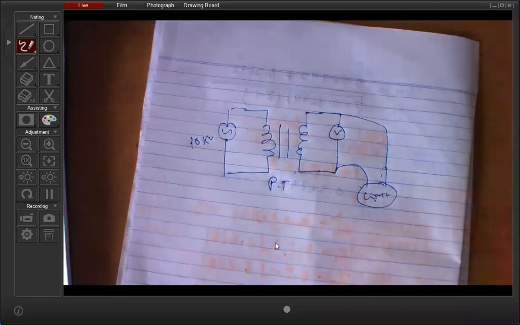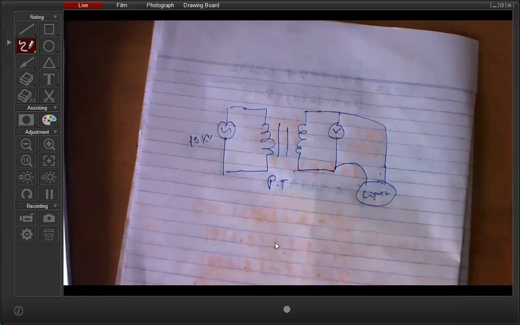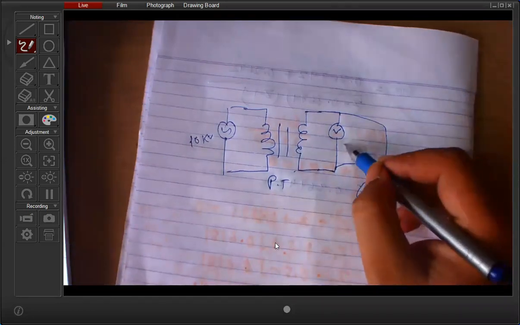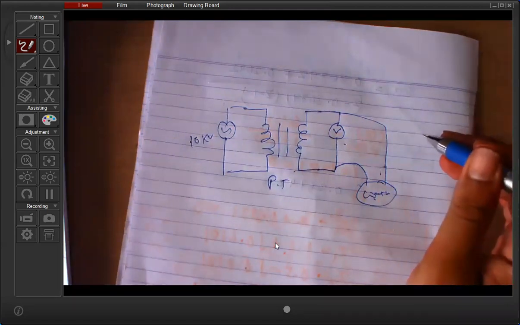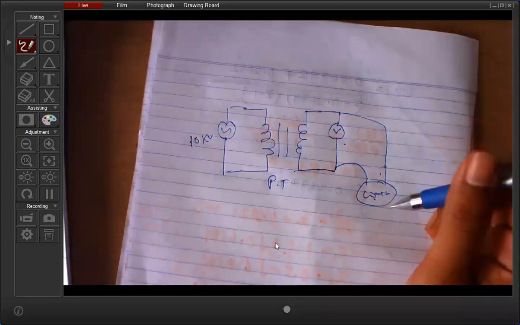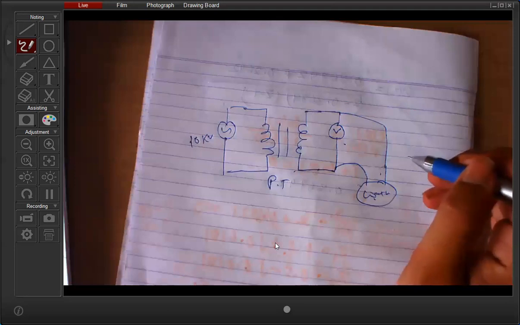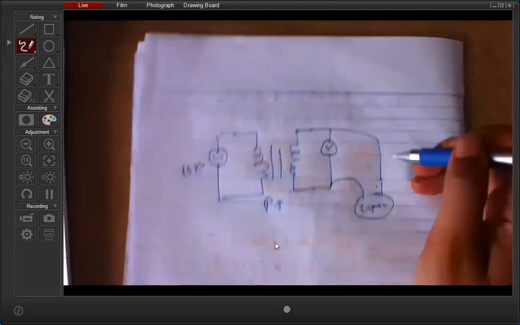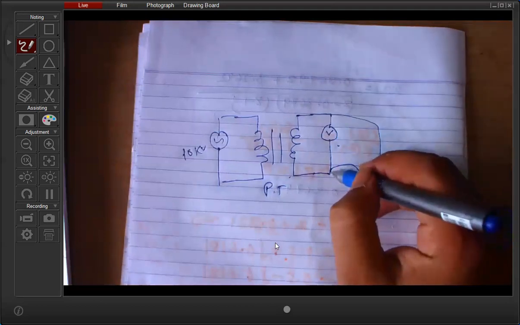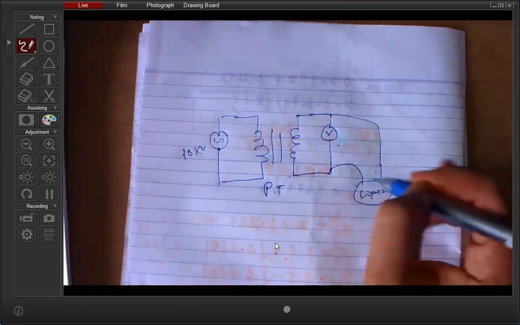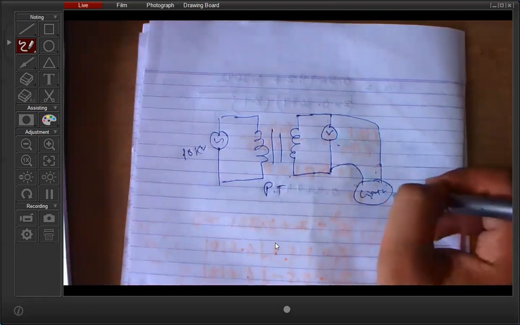That means the potential transformer is not used for general purposes; it is used either for the measurement of high voltage or sometimes in the protection system. So the secondary terminal of the potential transformer is either connected with the voltmeter or to the potential coil of the wattmeter.